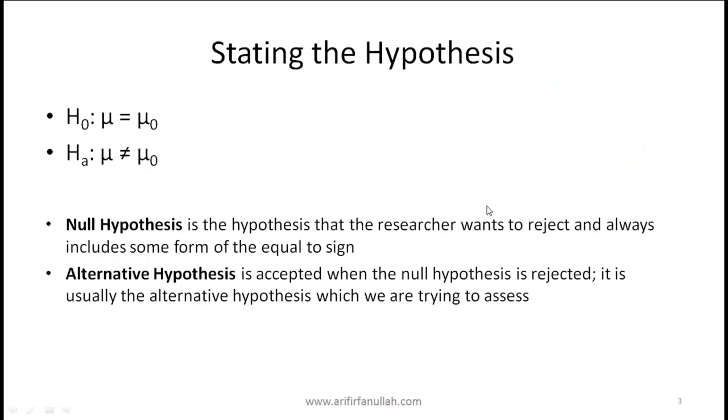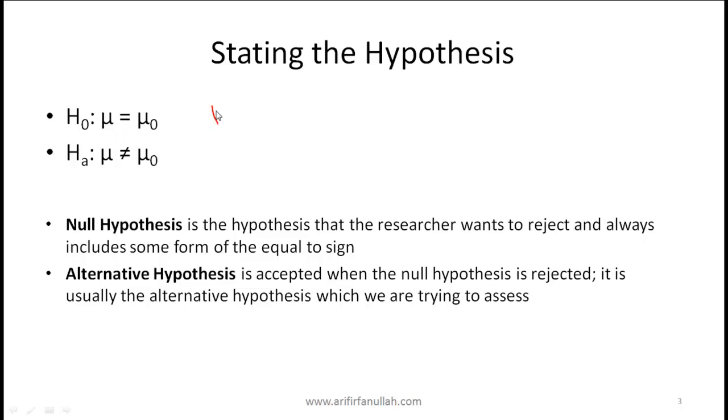The first part of hypothesis testing is to state the hypothesis. So continuing with the example I just mentioned, if your hypothesis is that the mean is not 0, then the way you set it up is as follows. You set a null hypothesis where you basically set it up so that what you want to reject is part of your null hypothesis.